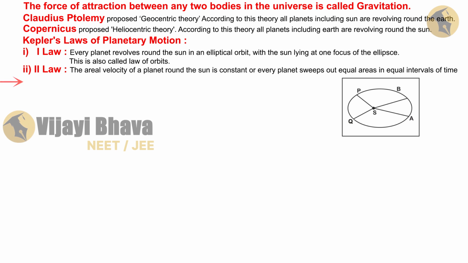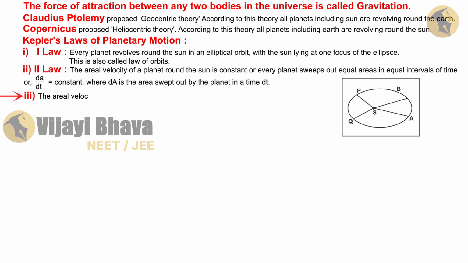Kepler's second law can be mathematically represented as dA by dt is equal to constant, where dA is the area swept by the planet in a time dt. The areal velocity dA by dt is equal to half r square omega.